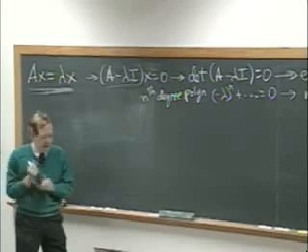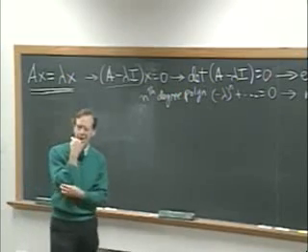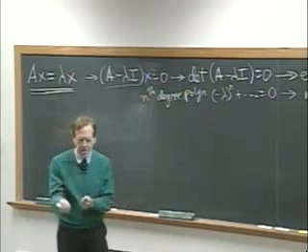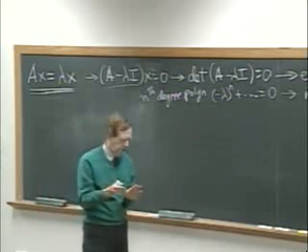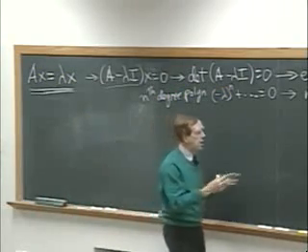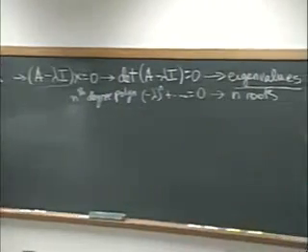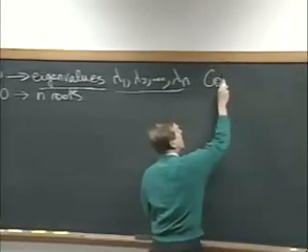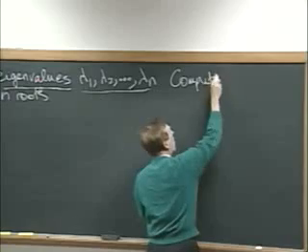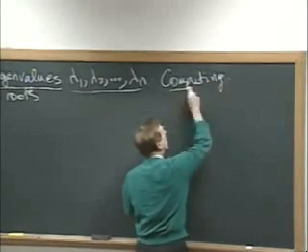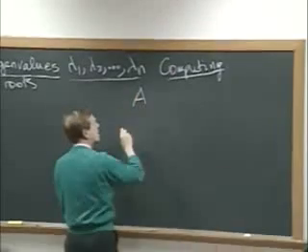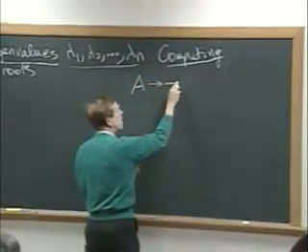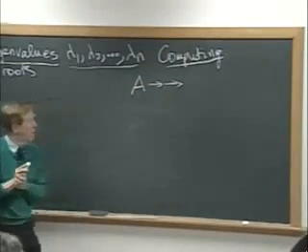In fact, having started that way, I should say, what is a better way to go? Let me make a comment then on computing. Computing, we start with our matrix A and do operations on it.